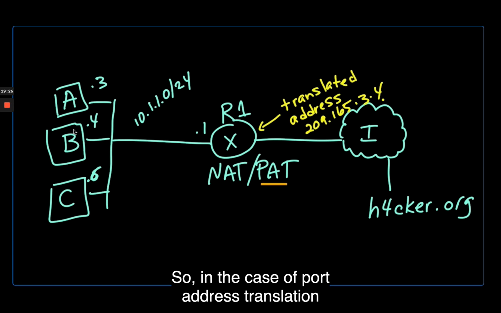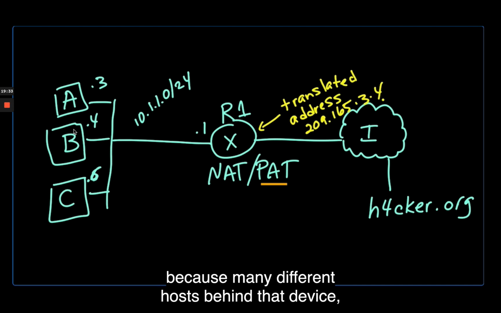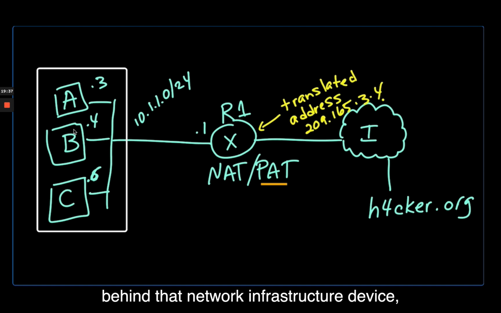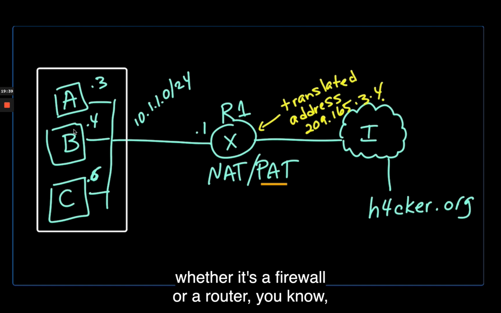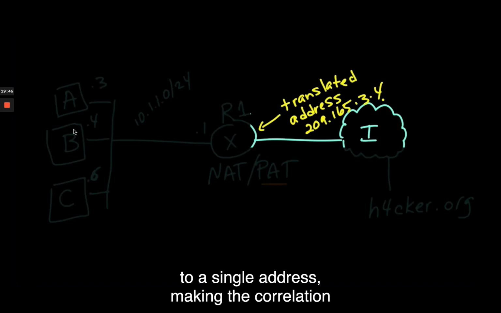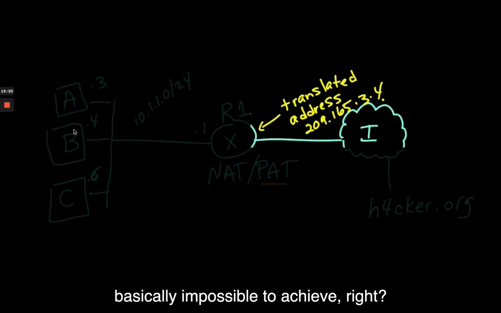In the case of PAT, this could become even more problematic because many different hosts behind that network infrastructure device, whether it's a firewall, a router, a switch, and so on, can be translated to a single address, making the correlation basically impossible to achieve, right?